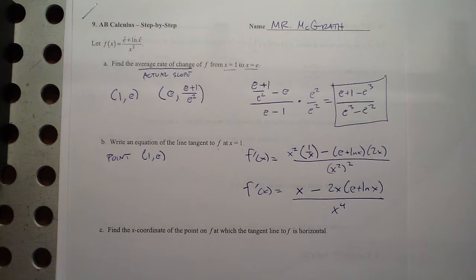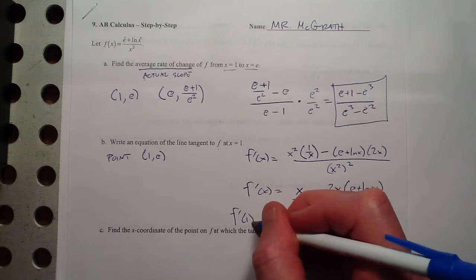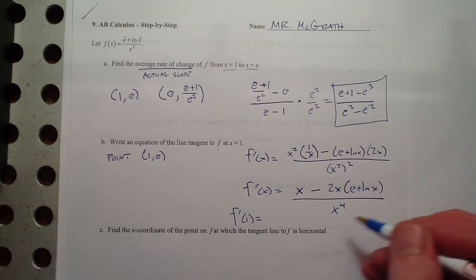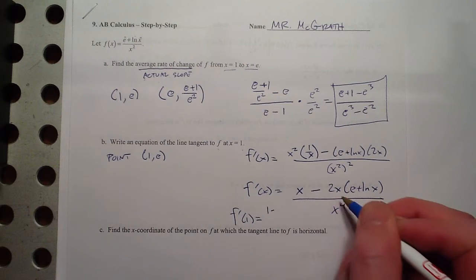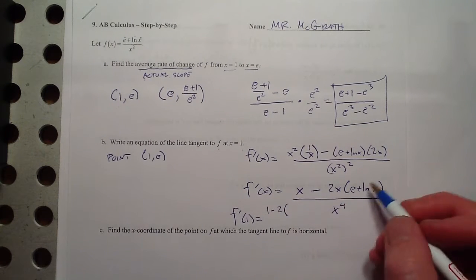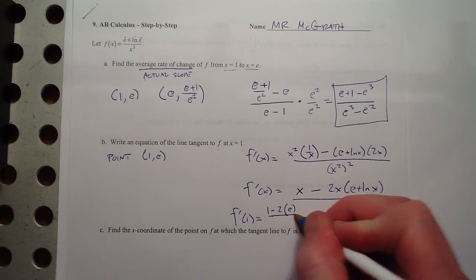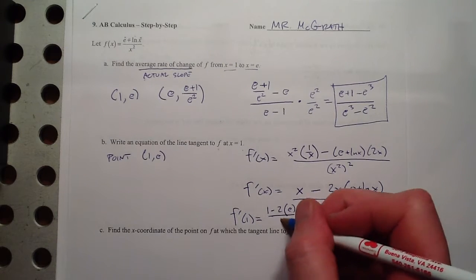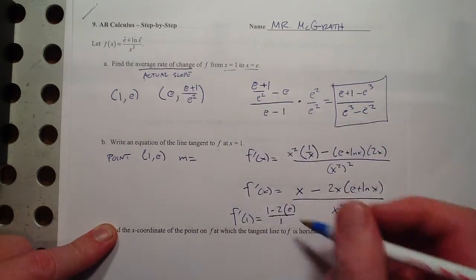So we need a slope at 1. f prime of 1 would be 1 minus 2 times 1 is 2, times e plus the natural log of 1 which is 0, so that's e over 1 to the 4th, which is 1, so 1 minus 2e. So it looks like my slope is 1 minus 2e.